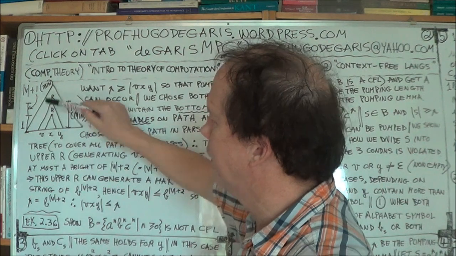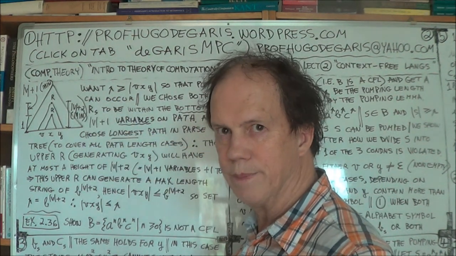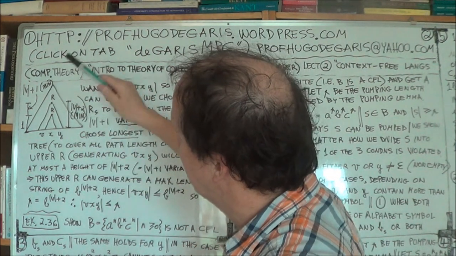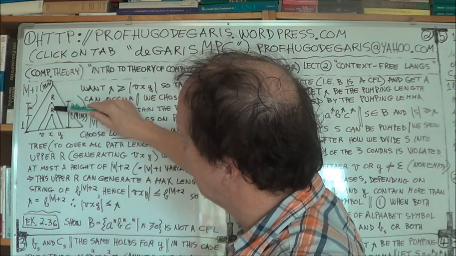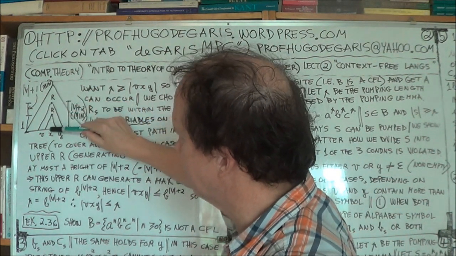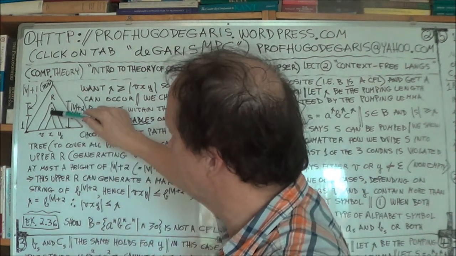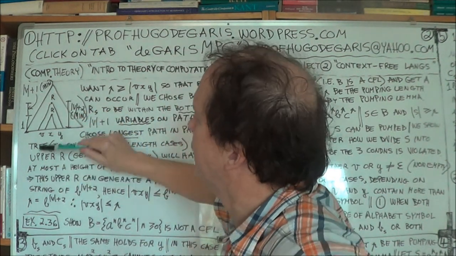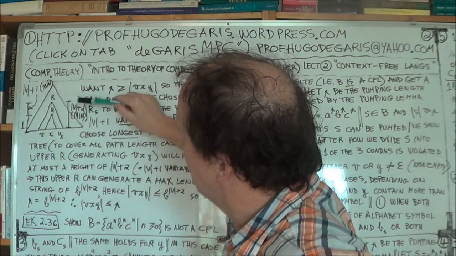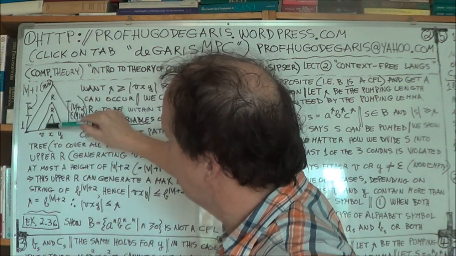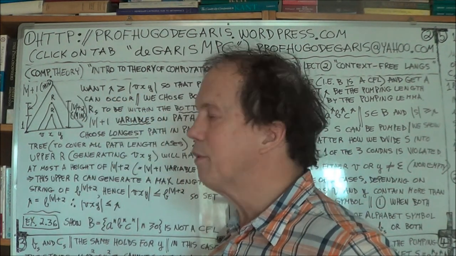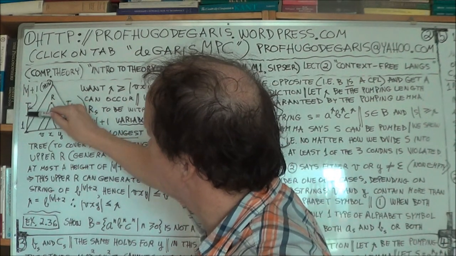Now, here's a variable. That's a variable. It's not a terminal. Now the minimum number of steps from here to your terminal, well, it's just one, right? You just go from a variable to a terminal. So from here to here, the minimum number of steps will be this plus 1.